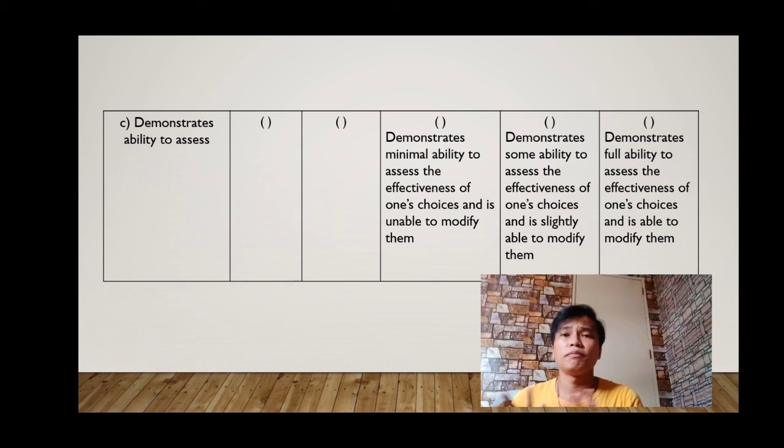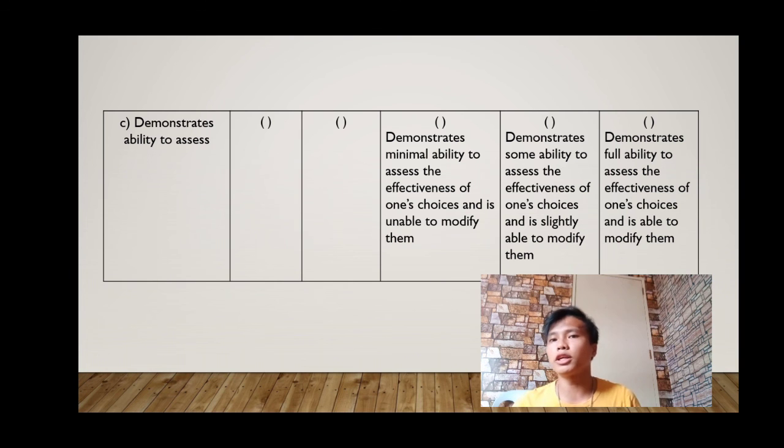Unlike the beginner, where the students cannot modify the effectiveness of one's choices, in the capable category the students are slightly able to modify it. So they have some ability to assess.